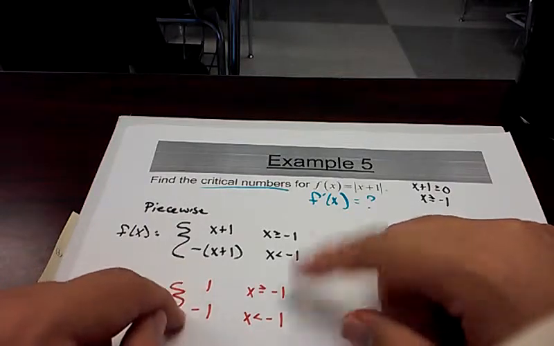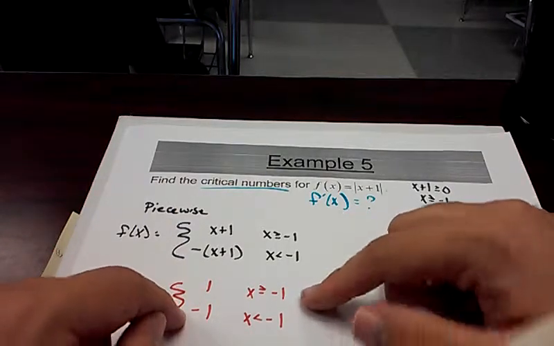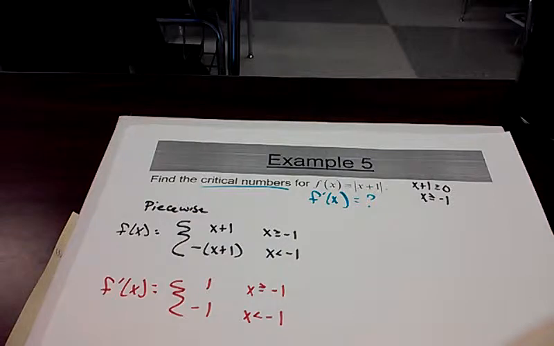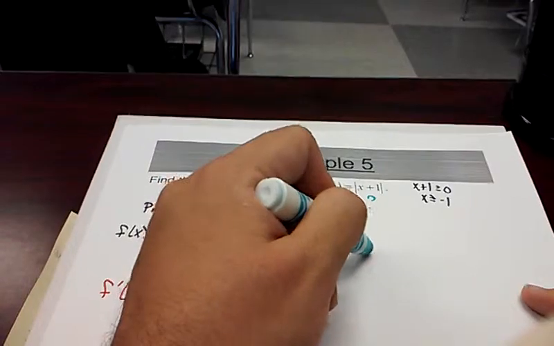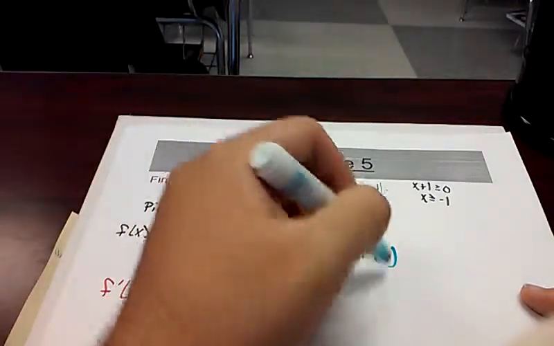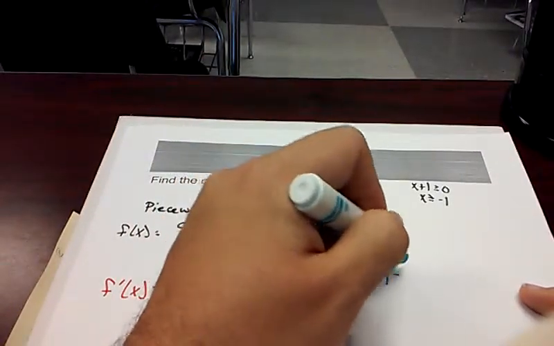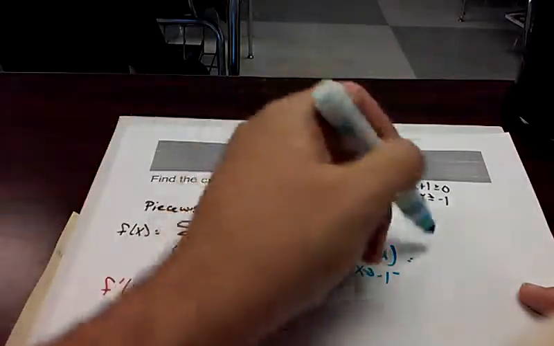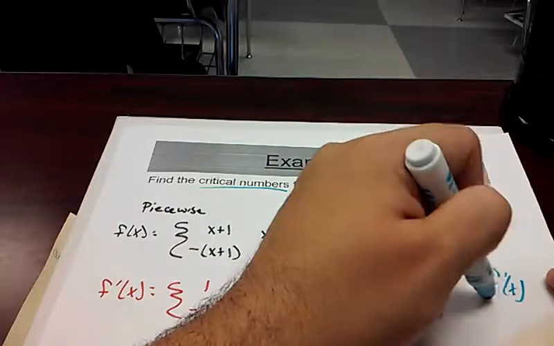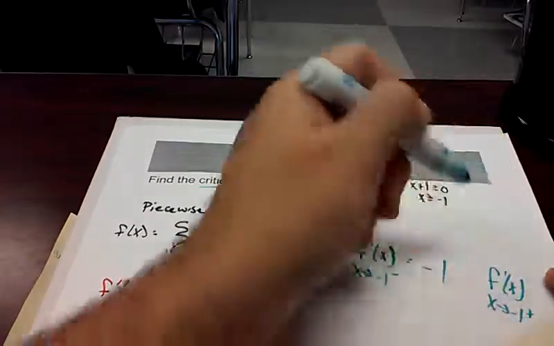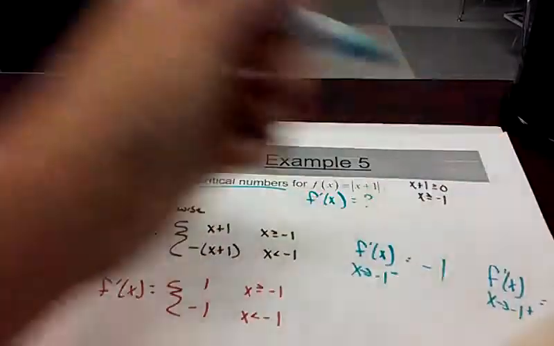Well, those two derivatives at this point, at negative 1, don't match up. So if the derivatives aren't the same, and they don't equal each other on the left-hand side and the right-hand side, then the derivative does not exist at that point. So again, the reason why is that the derivative as x approaches negative 1 from the left-hand side is negative 1, and the derivative as x approaches negative 1 from the right-hand side is positive 1.